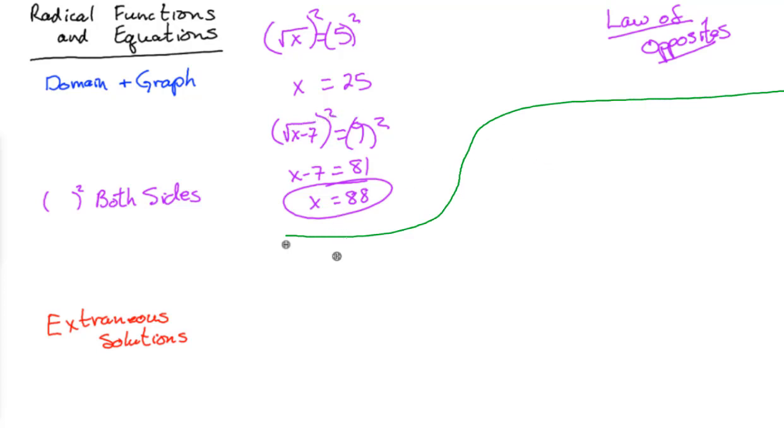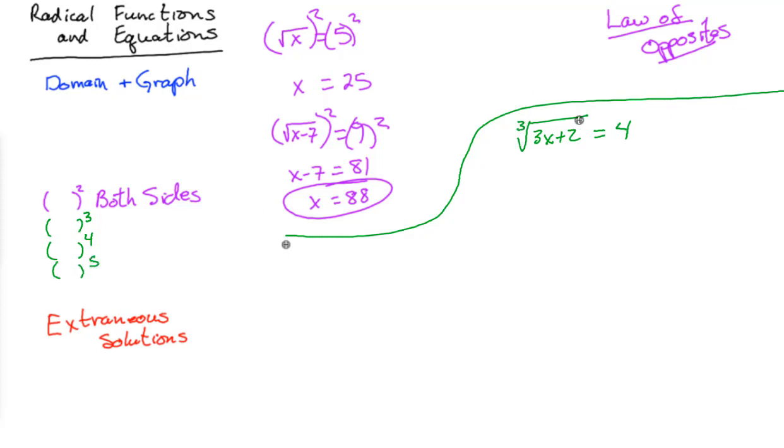Well, before we move on and catch some of the weird things that happen with squaring, notice this: if we had the cube root of 3x plus 2 equals 4, something like that, how would we undo a cube root? Well, the law of opposites says undo cube roots with cubes. So really, this could be cubing both sides, or fourthing both sides, or fifthing both sides, depending on what root we have.